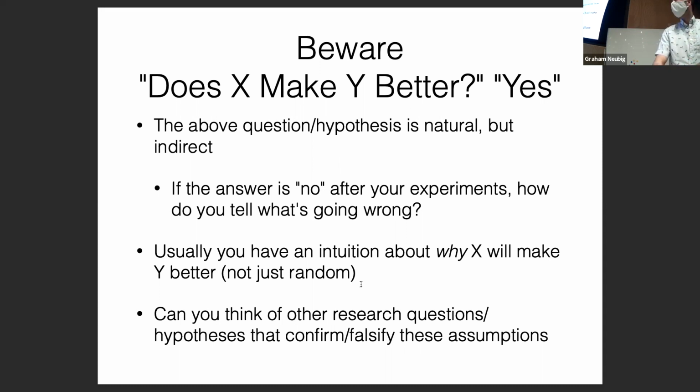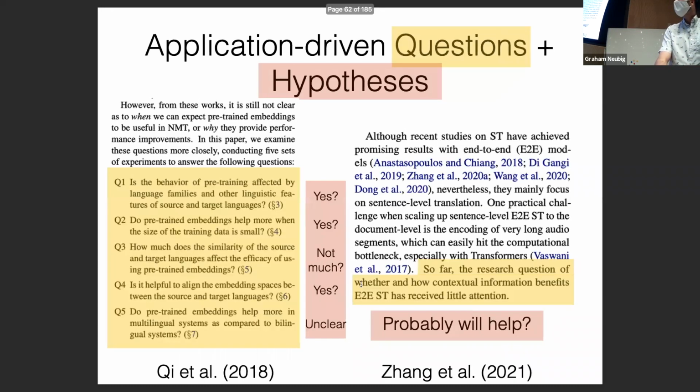So for example, this is a paper about incorporating pre-trained embeddings into machine translation models.